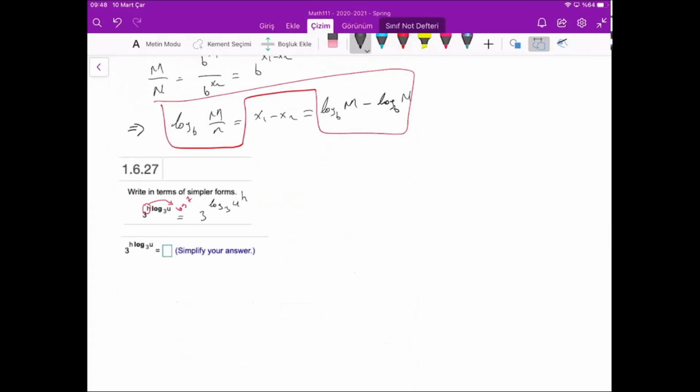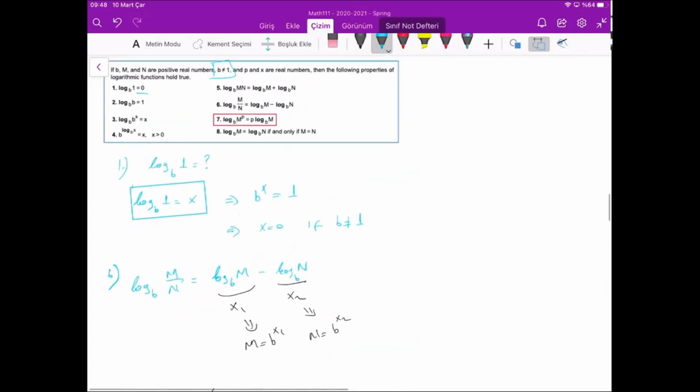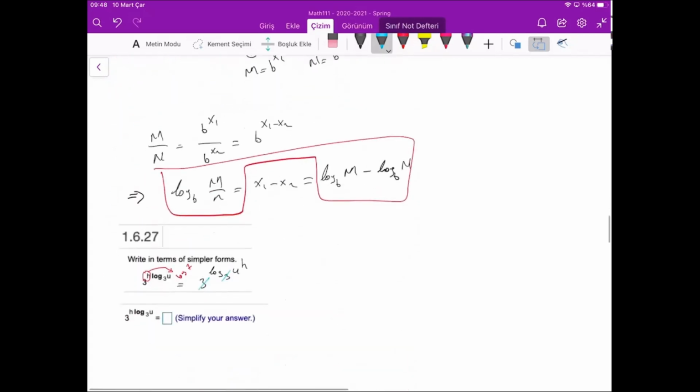And 3 to power logarithm base 3 can be cancelled here. By this property, the logarithm base can be cancelled, so this equals x, if x is bigger than 0, of course. Here it should be bigger than 0.